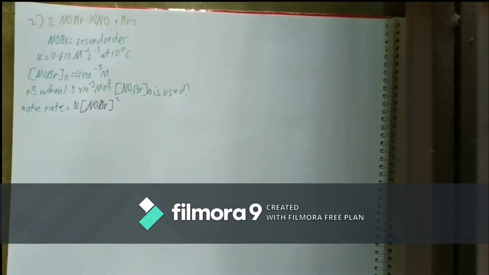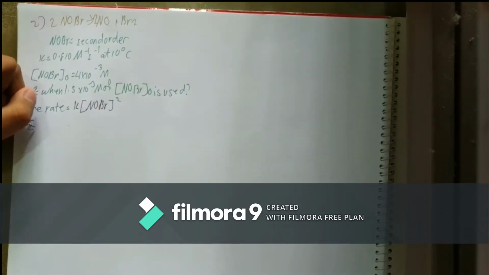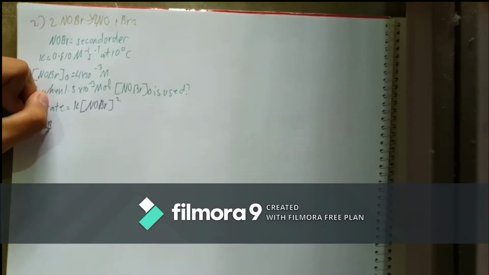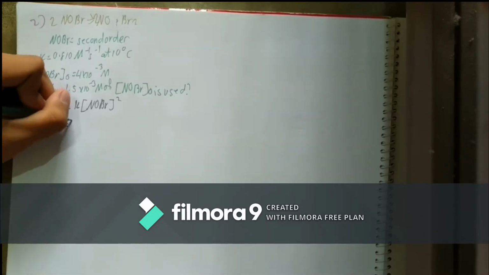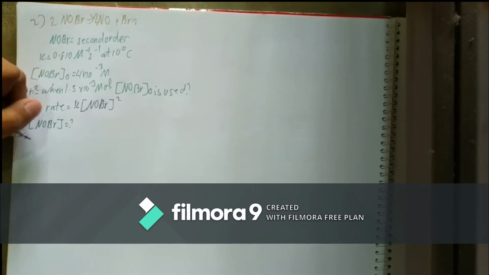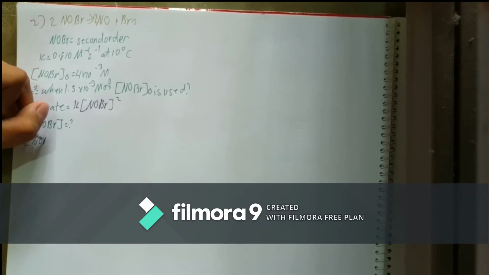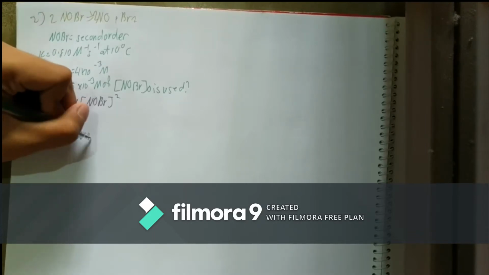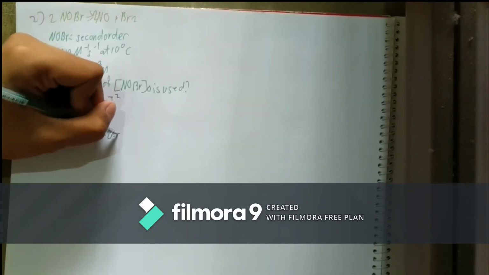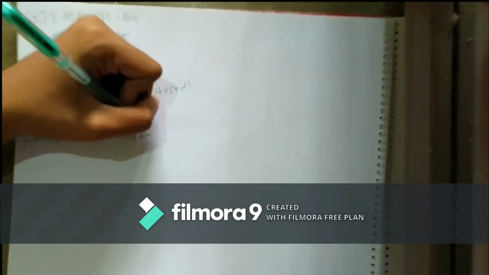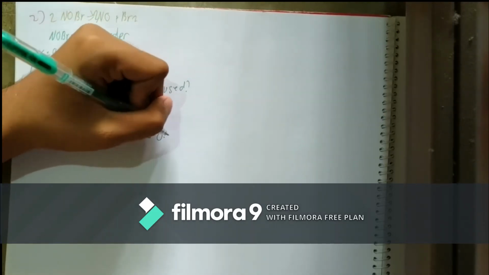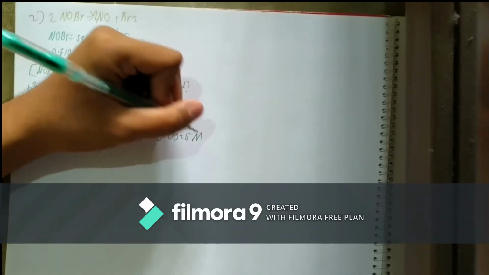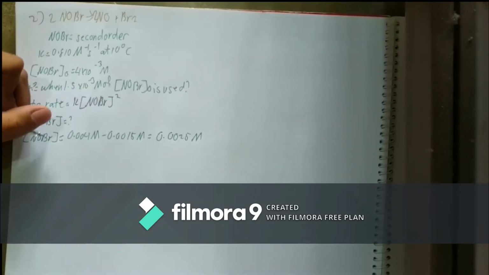To solve the problem, we first determine the concentration of nitrosyl bromide that remains after 1.5 times 10 raised to negative 3 molar is used up. That is, the molarity of nitrosyl bromide remaining equals 0.004 minus 0.0015 molar, which is equal to 0.0025 molar. That is the current concentration of the remaining nitrosyl bromide.